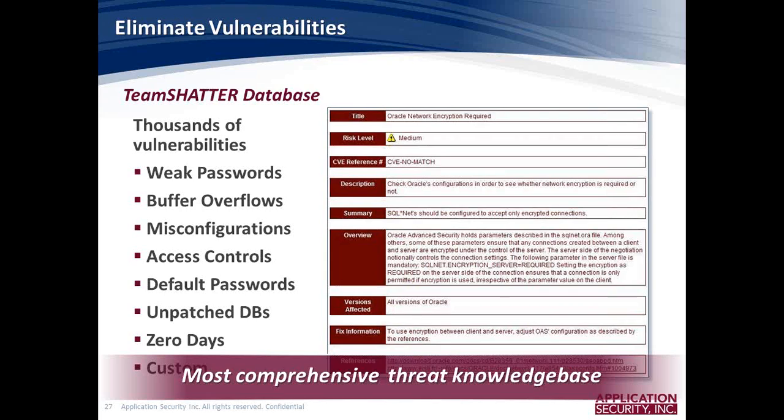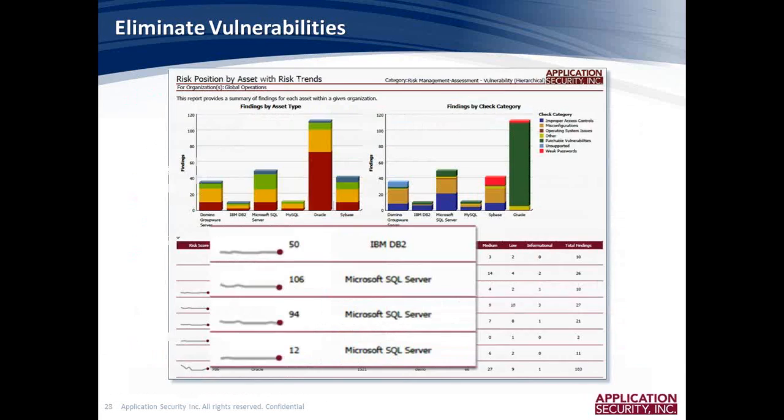And we cover thousands of vulnerabilities across a whole bunch of categories, including weak passwords, buffer overflows, misconfigurations, unpatched databases, even 0 days. When we see a database 0 day come out, a researcher or an attacker puts information online, we'll immediately put checks in our product so that our customers are alerted to any 0 day database exploit activity that's out there, and are given some steps that allow them to work around or mitigate the risk.